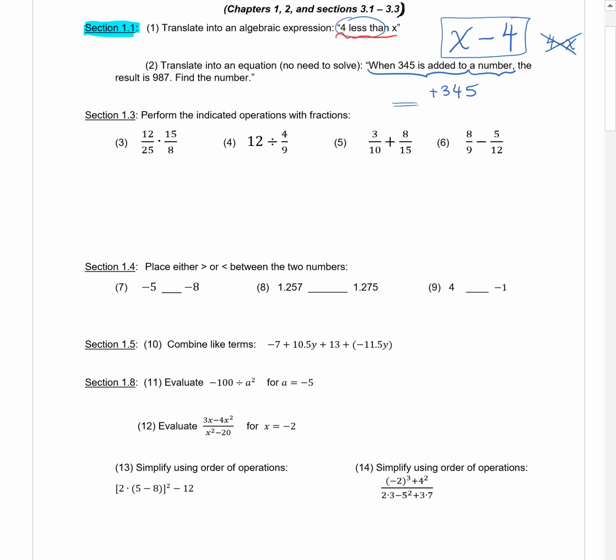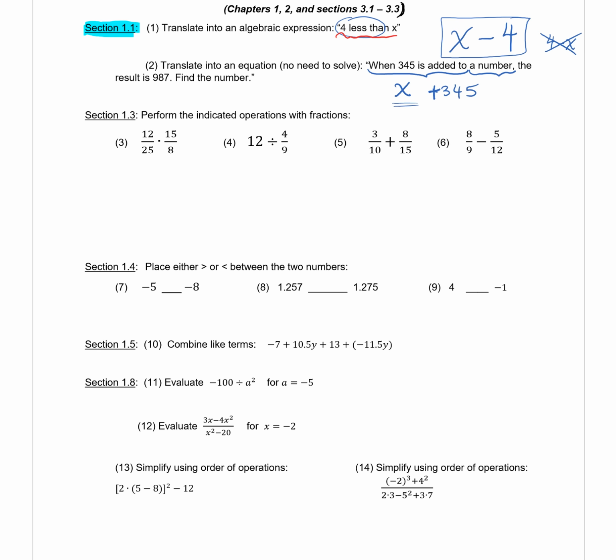And when they say a number, that must mean the unknown number that we don't know. So you can call it x, I think I called it x in the solutions, but you can call it anything you want. If you want to write n for number or a different variable, that's fine. Don't feel like you have to write x, and if it's not an x, that doesn't mean you're wrong.